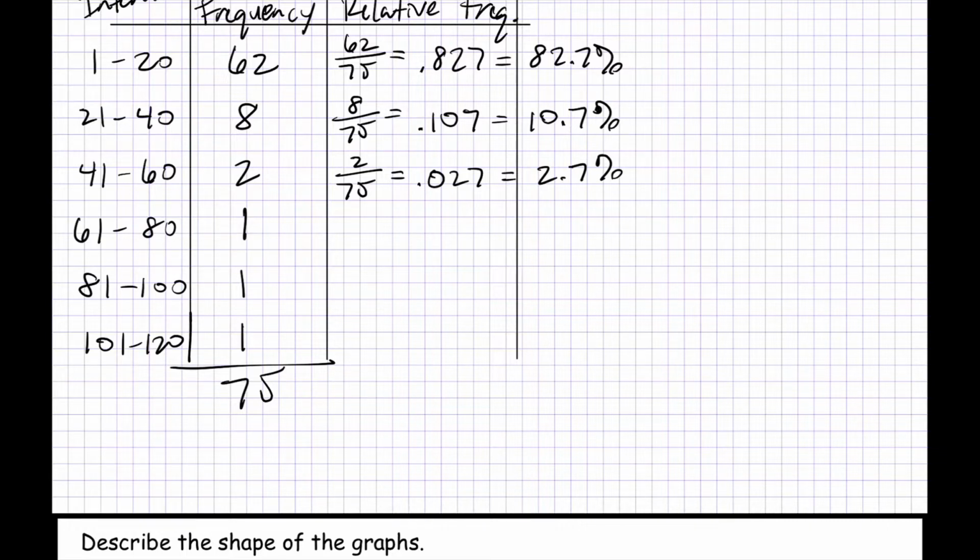Two out of 75 is 0.027, which is 2.7%. And then the last 3 are all the same. 1 divided by 75 is 0.013, which is 1.3%. So I don't have to do the math again because it's all the same.